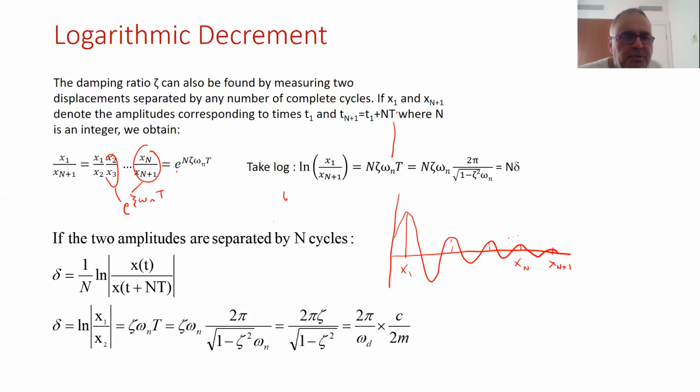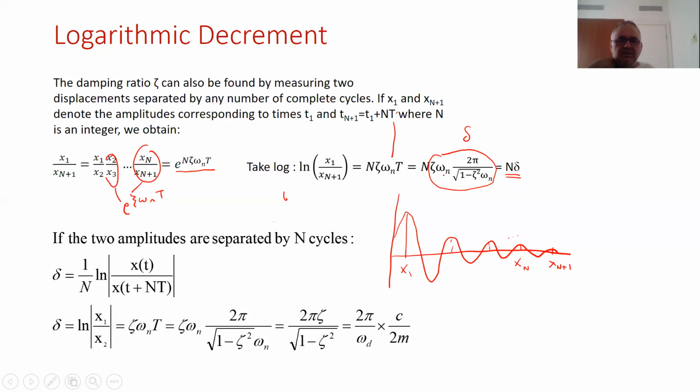N of them multiplied gives you e to the n zeta omega n T. If you take the logarithm of this equation now, ln of x1 over xn plus 1 is therefore n times zeta omega n T, which is equal to, as you remember, n times delta. If you look at the definition of delta, this was delta that we found in the previous slide.